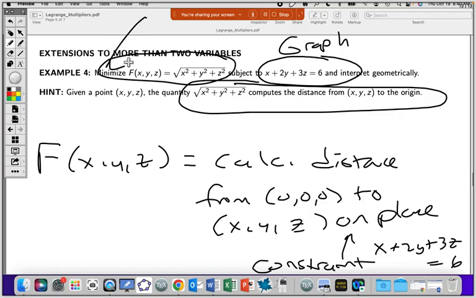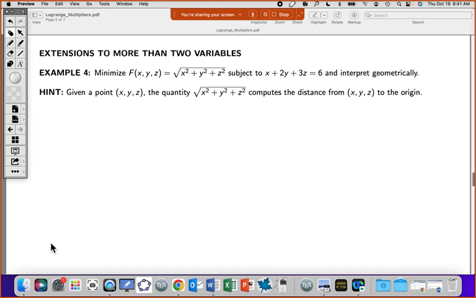So if we're minimizing the distance from the origin to a point on the plane, we're not only calculating the distance from a point to a plane, we're actually figuring out what point on the plane is that minimum distance. And if those kind of shenanigans sound familiar, they should.